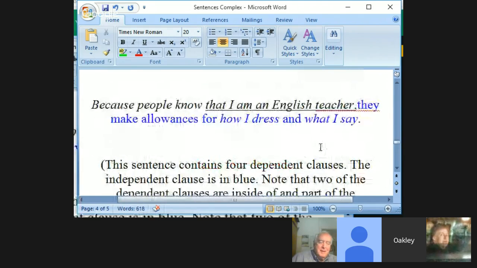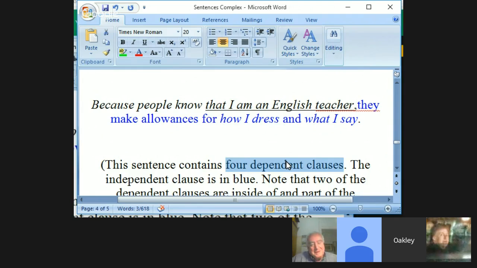I am a bit confused, teacher. So the independent clause: they make allowances for how I dress and what I say. Let's see if we can discover what the four dependent clauses are. All right, Vincenzo, what do you think?